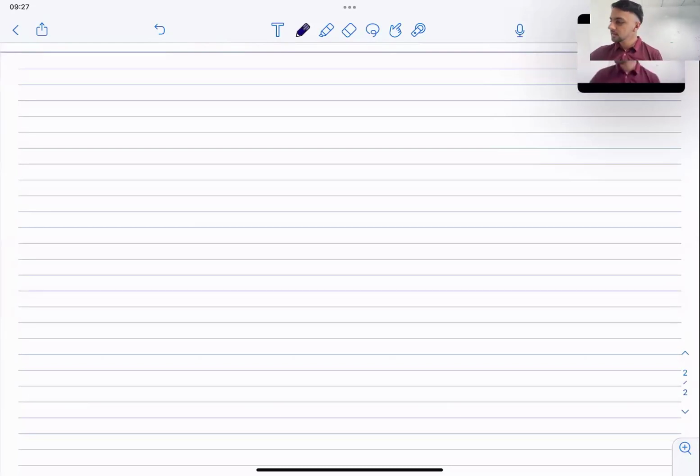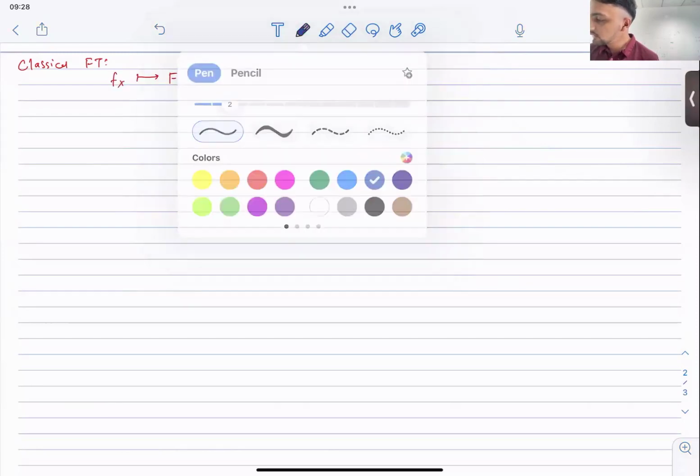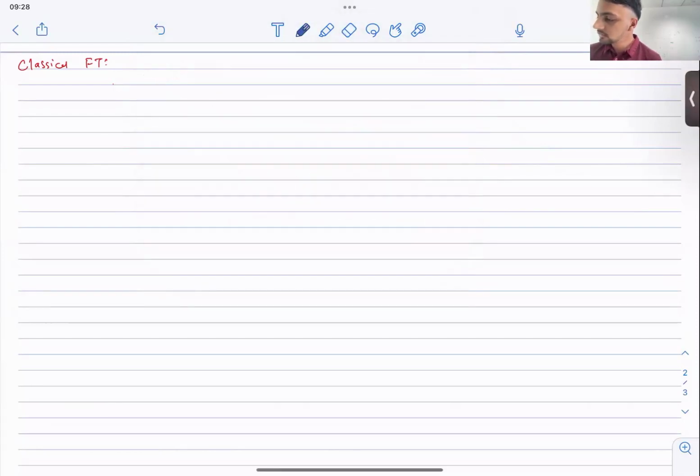Okay, great. As I was saying, I will have to speed up a little bit. The classical Fourier transform is a map that works something like this. You have a vector fx, where f is a complex function: f0, f1, all the way to fn.